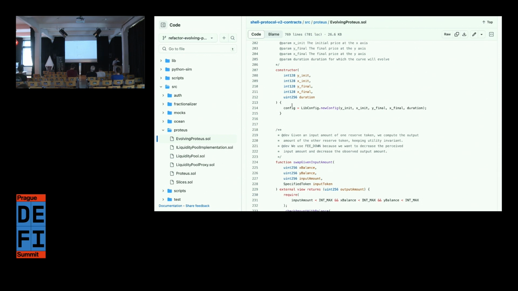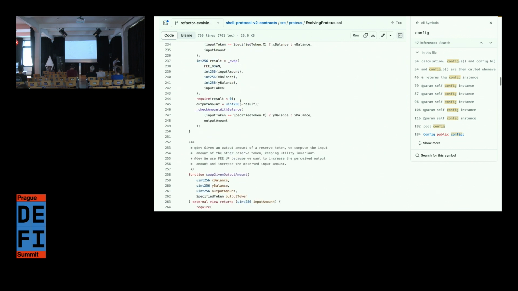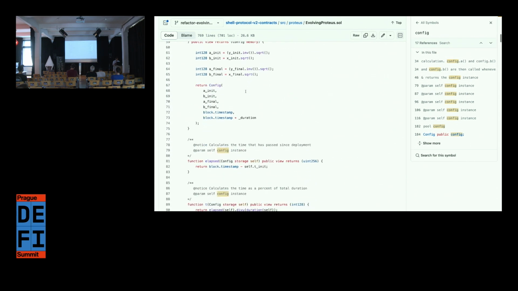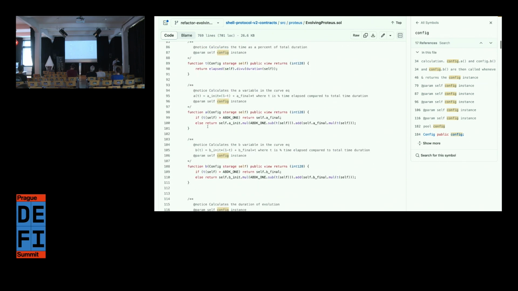So we have a library here, where all the equations are defined. And if we go here, you have the A and B values that we have mentioned, which are derived again using the equation that we mentioned in the slides. So whenever any swap, trade, liquidity addition or withdrawal happens, we compute A and B in real time, which basically define how the curve evolves.